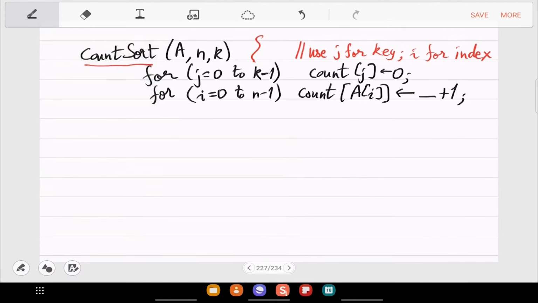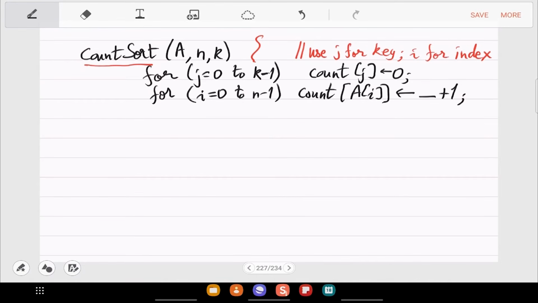Because there will be many for loops and this array notation with an array inside an array, so it's nested and a bit tricky to read. So j goes up to the value, which is maximum k minus 1, initializing count to 0.